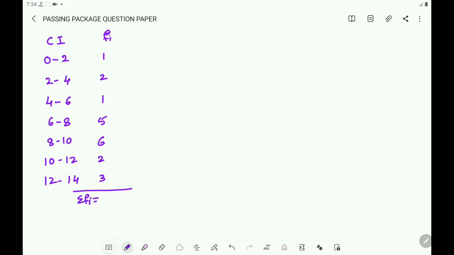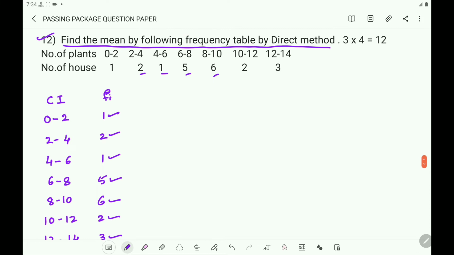Summation of Fi: 1 plus 2 is 3, 3 plus 1 is 4, 4 plus 5 is 9, 9 plus 6 is 15, 15 plus 2 is 17, 17 plus 3 is 20. So I got summation of Fi is 20, that is n, which is nothing but the number of data.